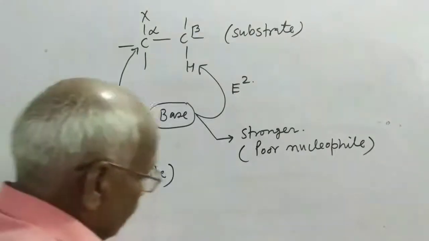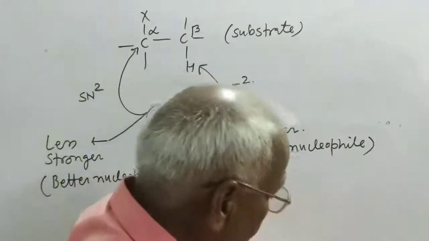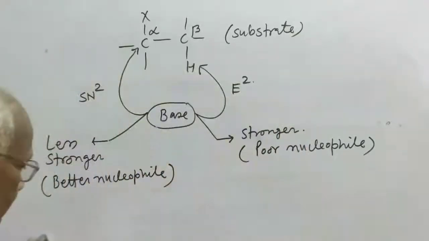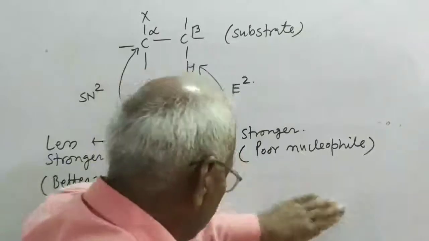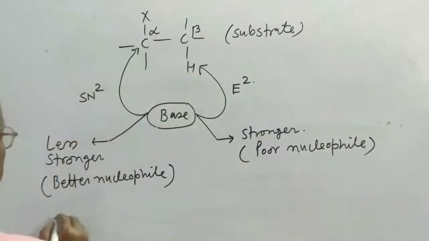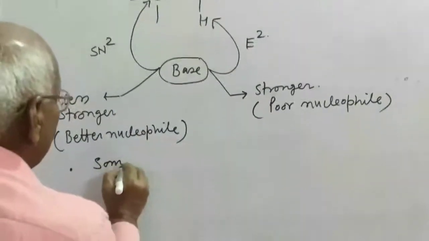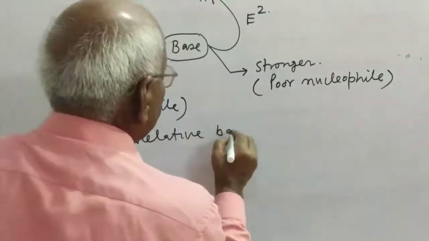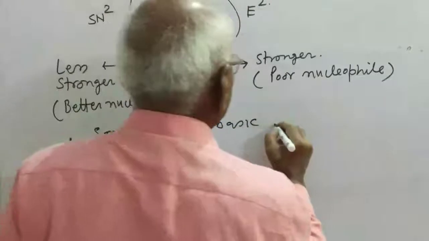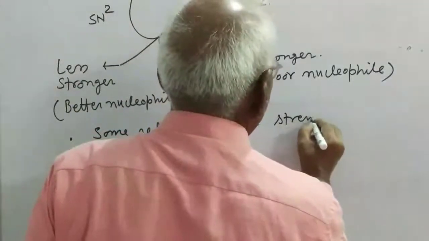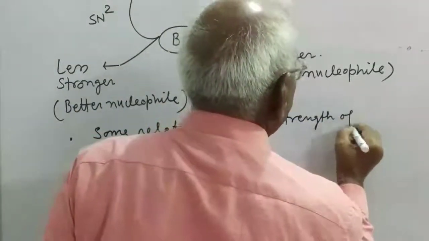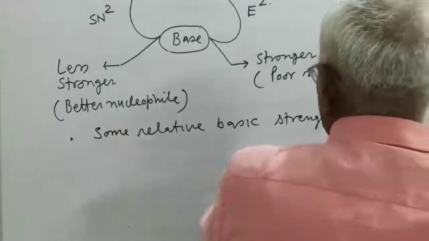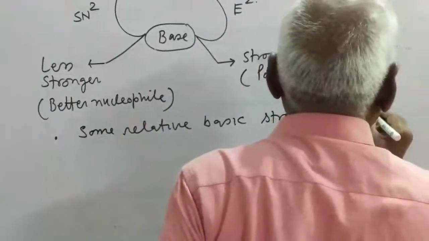Now the question is, which one is a stronger or hindered base, and which one is less strong or a weak base? These are some relative basic strengths of some bases.